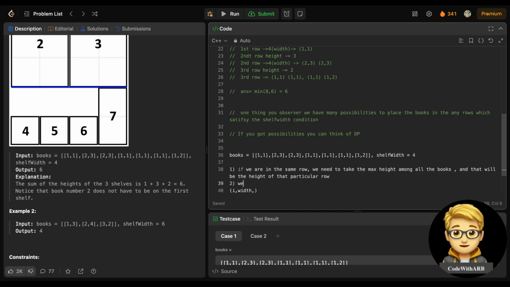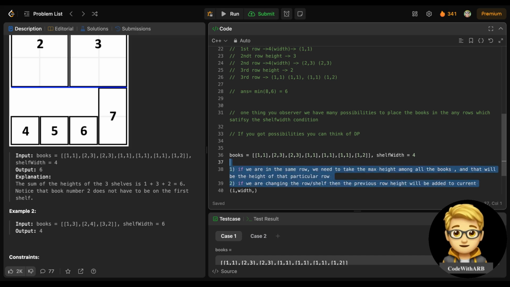But if we are changing the row, or you can call it a shelf, then the previous row height will be added to the current one, right? Those are the two things.